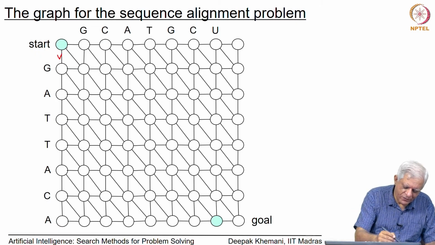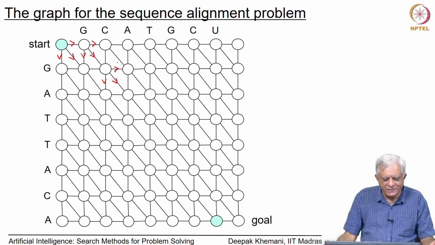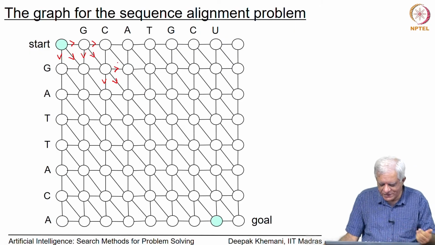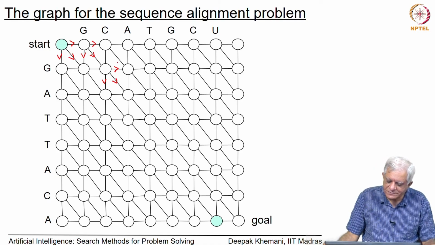So, you can move from here, you can move from here, you can move from here, you can move to this or to this or to this, and so on and so forth. From here you can move here or here or here. So, it is a directed graph. We start at the start node on the top left, and we end up on this shaded node at the bottom right, because these two strings are of length 7 each.